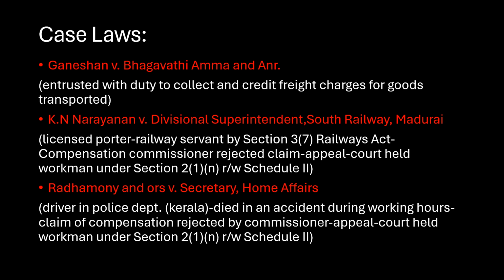Initially, the commissioner rejected the claim, saying that there is no direct employment by the railway of the licensed porter, but they preferred an appeal, and the court said that the railway has control and supervision over the licensed porters. So there exists an employee-employer relationship, and this person has to be brought under the definition of Section 2, Clause 1, Clause N, read along with Schedule 2 of the Employee Compensation Act. This porter is entitled to compensation.